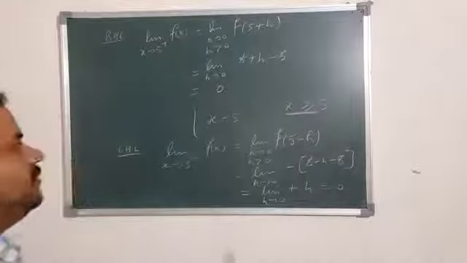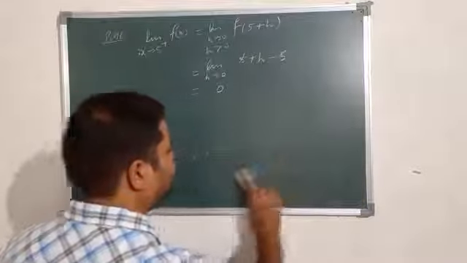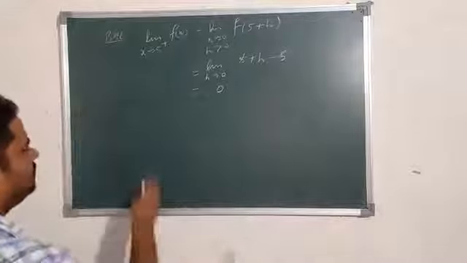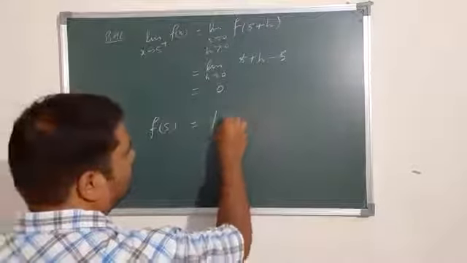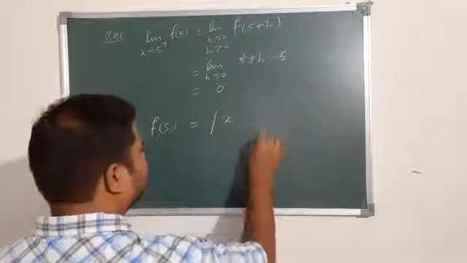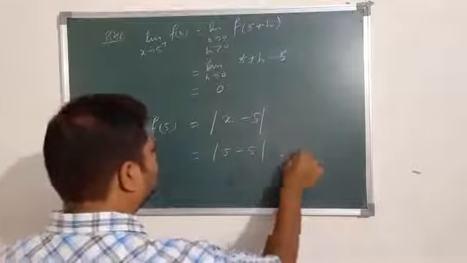Now the value of the function. So f(5) is nothing but mod of x minus 5. Put 5 minus 5 here, this is 0.